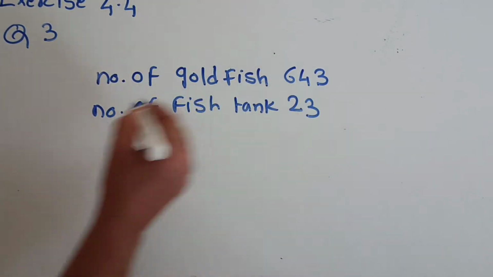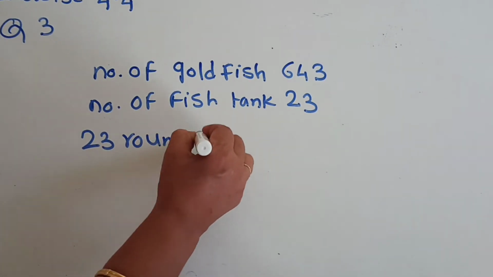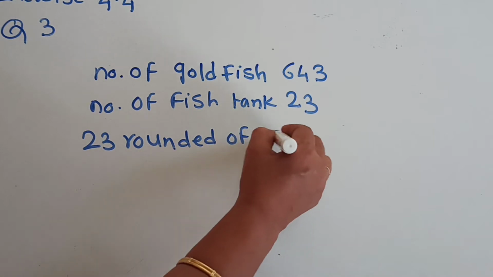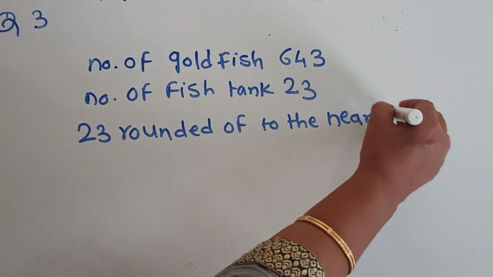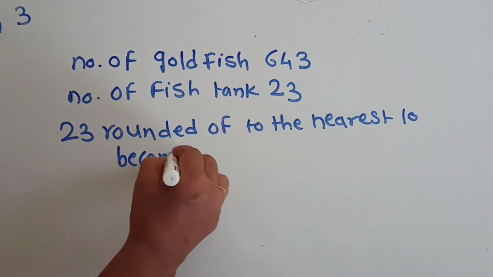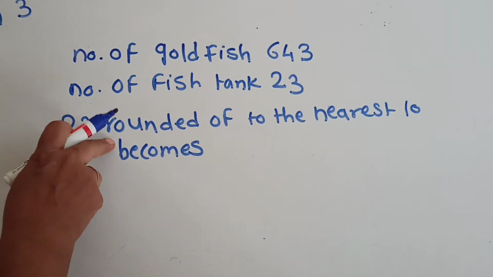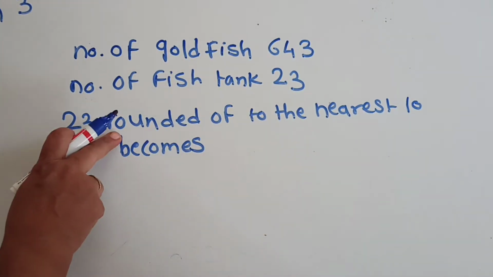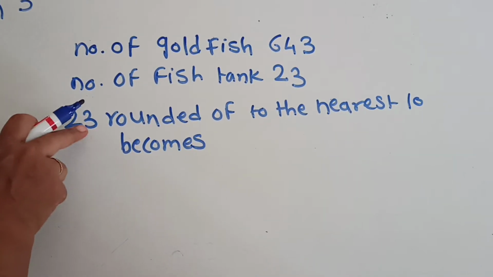Now 23 rounded off to the nearest 10. We have to round off the divisor to the nearest 10. This is a divisor, children, 23.